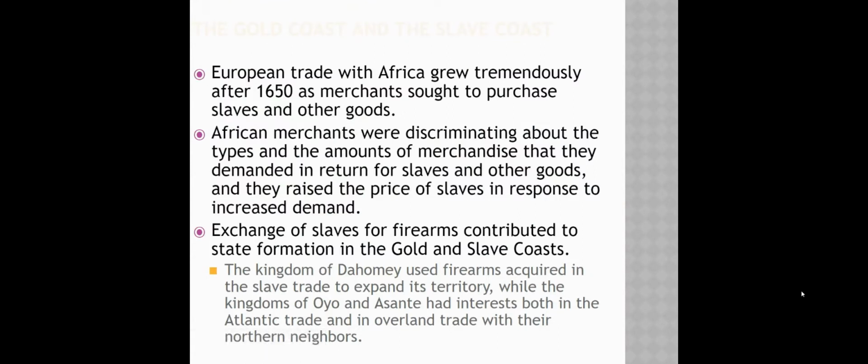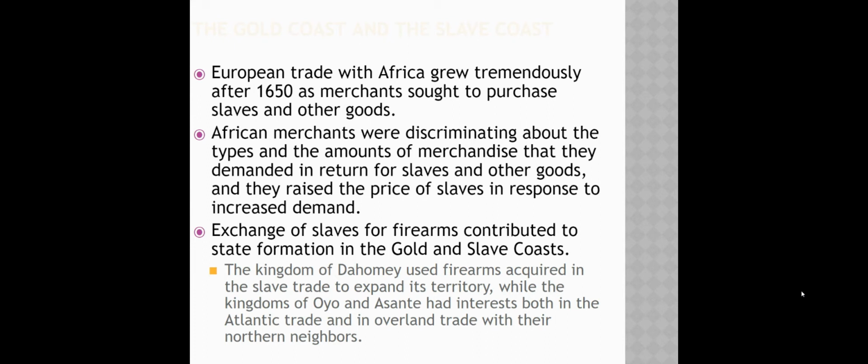European trade with Africa grew tremendously after 1650 as merchants sought to purchase slaves and other goods. The growth in the slave trade was accompanied by the continued trade in other goods, but this did not lead to any significant European colonization of Africa.